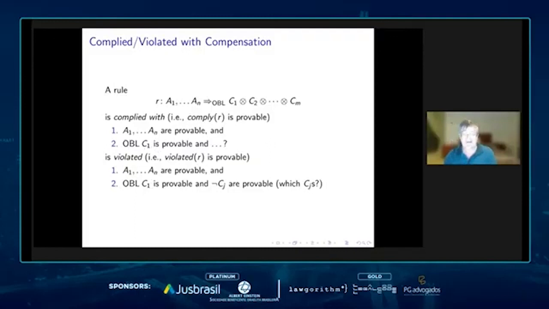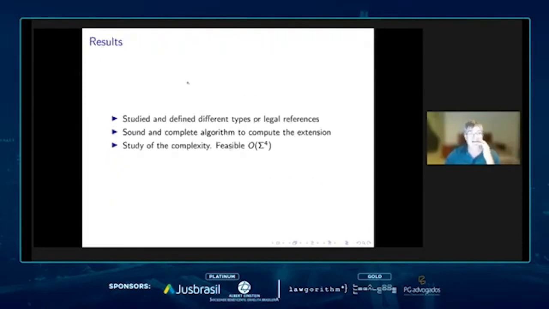In the paper, we give the proper conditions to specify the different alternatives and the different degrees of compliance. And similarly, we can do it for the notion of violation. Of course, we have to have the opposite, but something more. Okay, so that was just the idea.